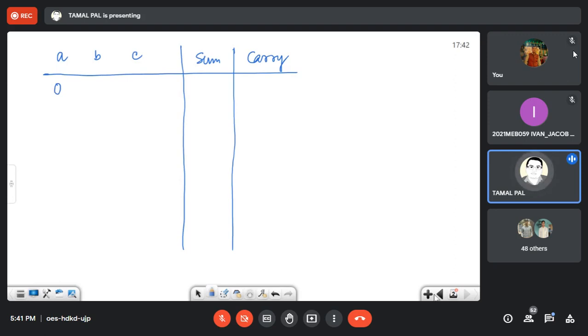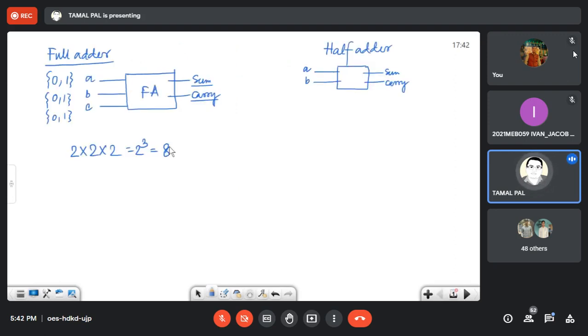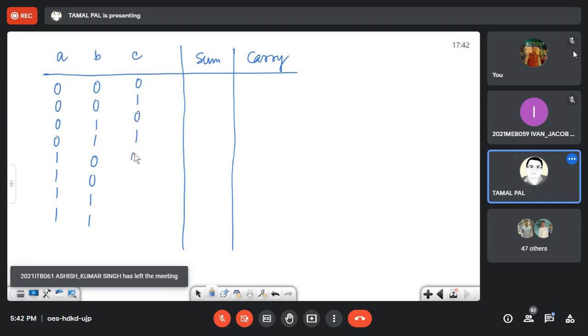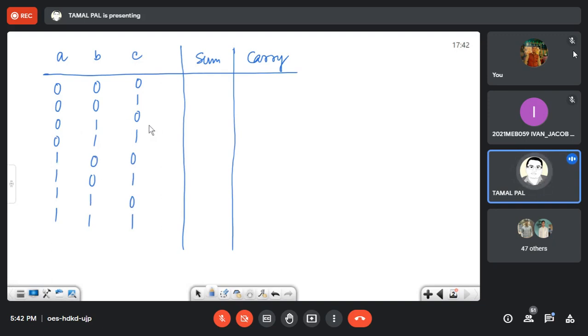As I have mentioned, it is a shortcut rule that since it is 8, we divide it into two halves, 4. So 4 zeros we write first, and then 4 ones. Then further divide 4 by 2: 2 zeros, 2 ones, then again 2 zeros, 2 ones. Divide 2 by 2: then 0 1, 0 1, 0 1, 0 1. In this way we generate the combinations.